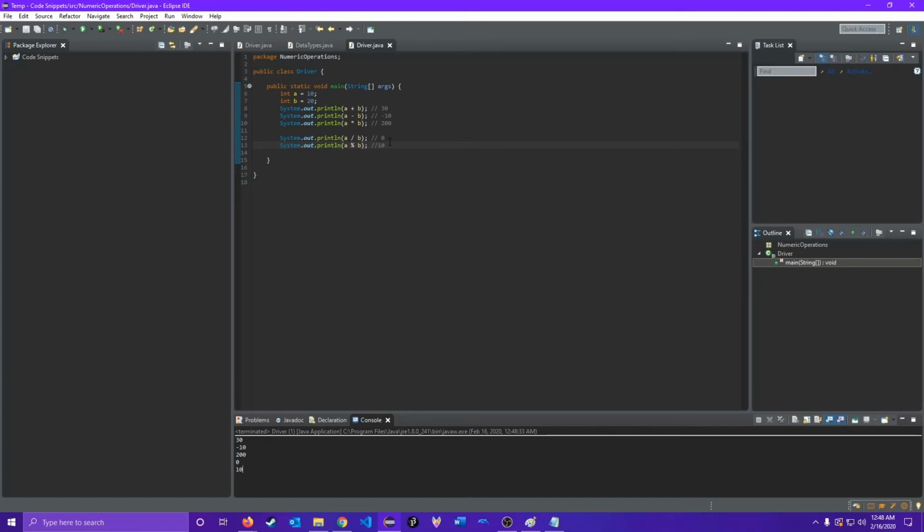It can also be used to determine if a number is even or odd, because if b is 2 instead of 20, if we run this again, this last number, if we have a mod 2, any number mod 2, that number is even if that result is 0, and it's odd if the result is 1. So it can be very helpful for determining whether or not a number is even or odd if we don't know initially what that number is.